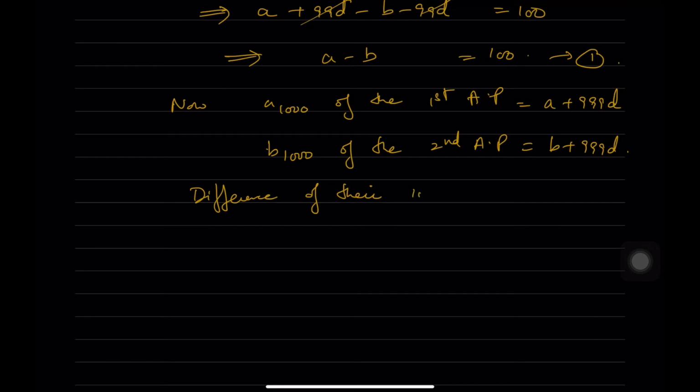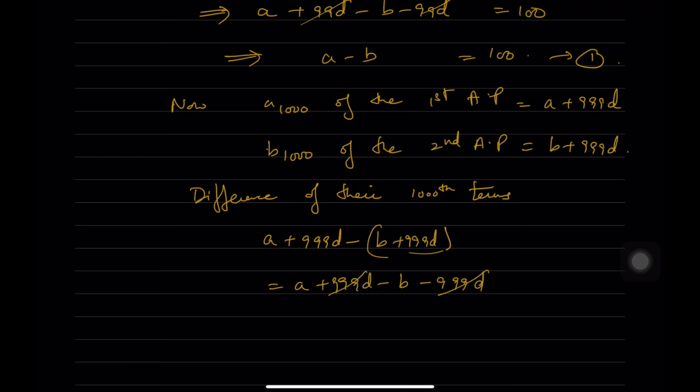The difference of their 1000th terms is given by A plus 999D minus of B plus 999D, which is equal to A plus 999D minus B minus 999D.